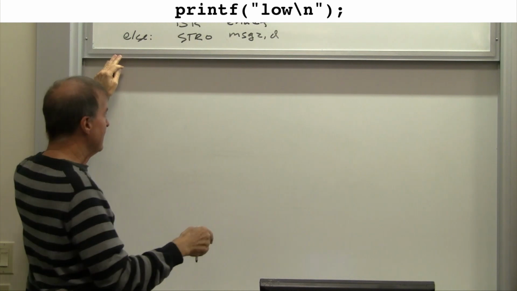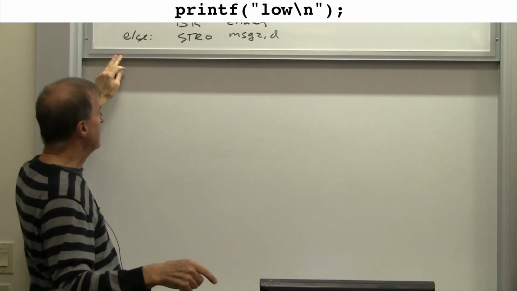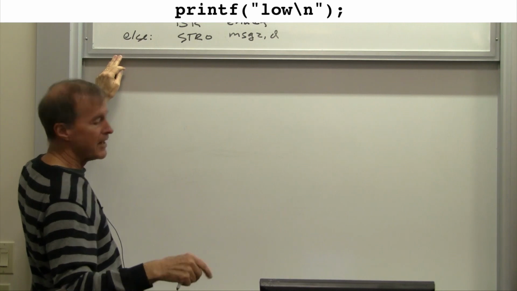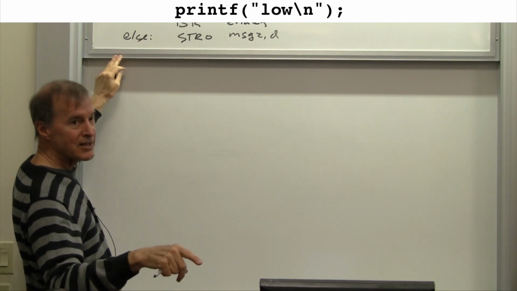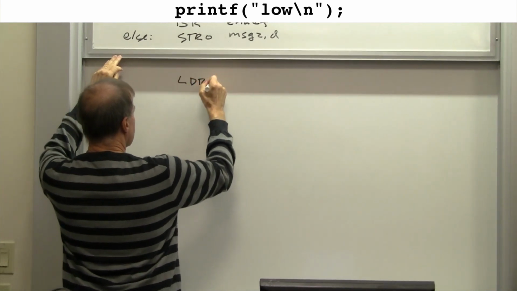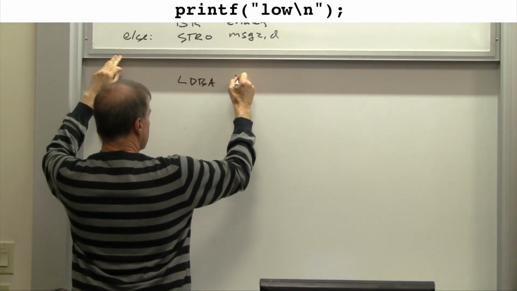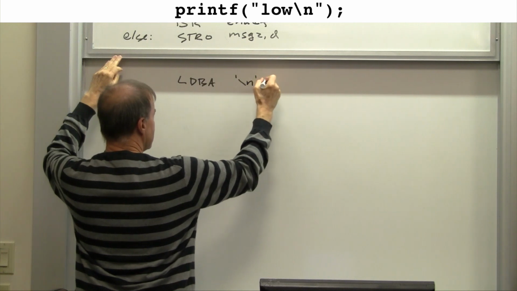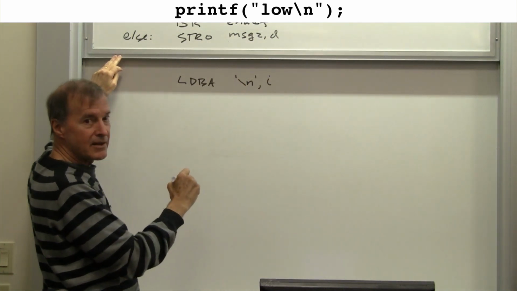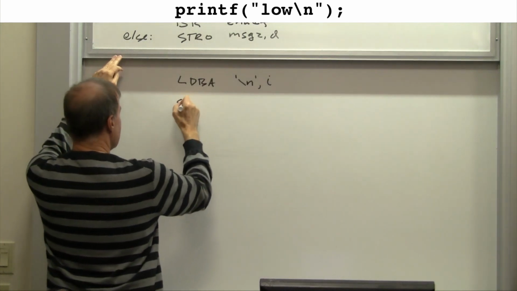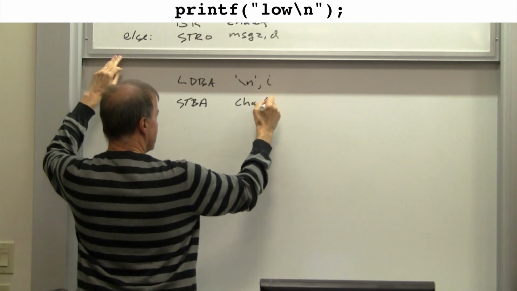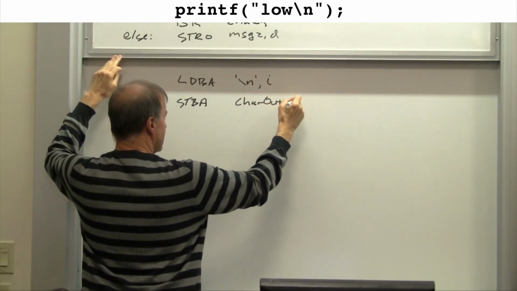Load byte accumulator. Oh, wait, we've got to output the backslash n. So load byte accumulator backslash n, addressing I, immediate is right. Store byte accumulator to charOut, addressing direct.